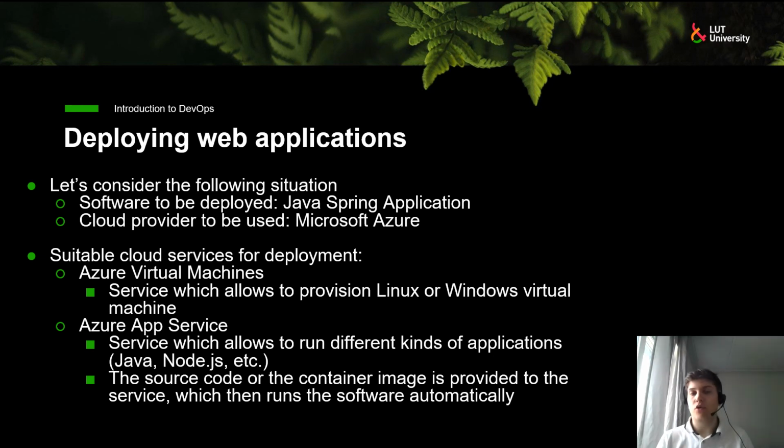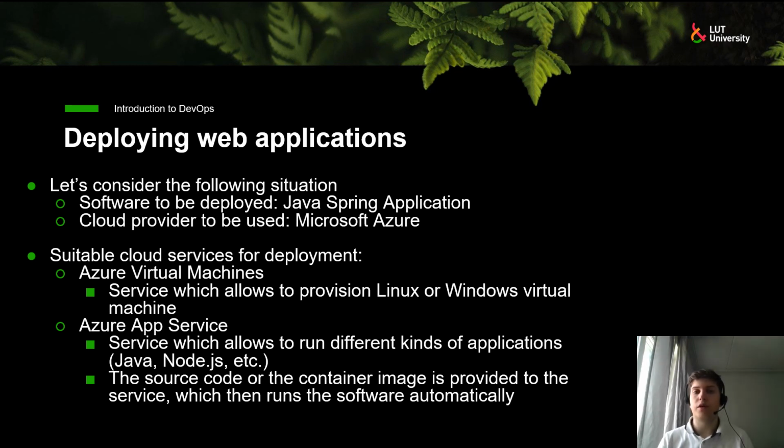But when comparing to the Azure App Service, which is a platform as a service offering, there is less configuration in the app service because it allows to provide a source code of a Java software. It allows to, I would say, automatize the deployment of Java software.